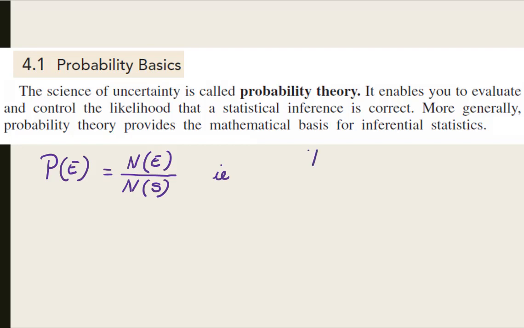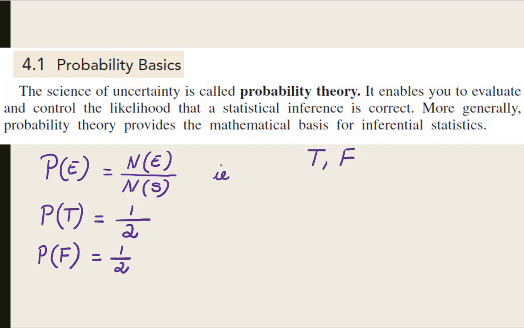It means that the probability of an event is equal to the number of events divided by the number in the sample space. For a true or false question, the probability of truth is 1/2 or 50%, and the probability of false is also 1/2 or 50%. So probability theory provides the basis for inferential statistics.